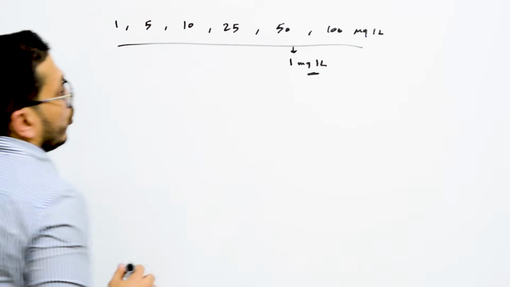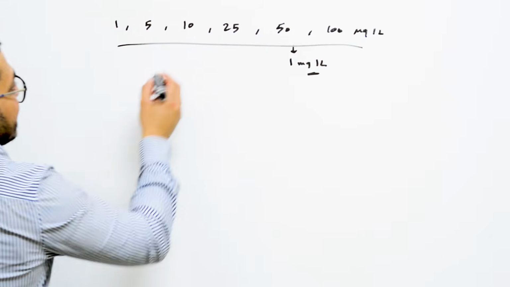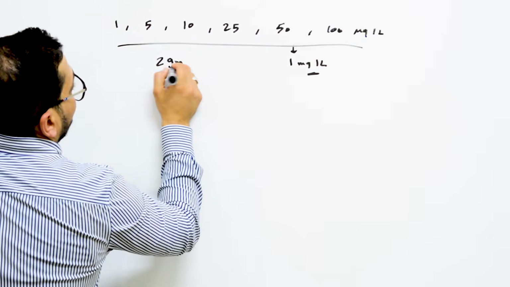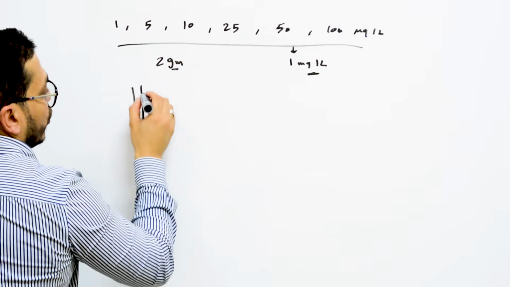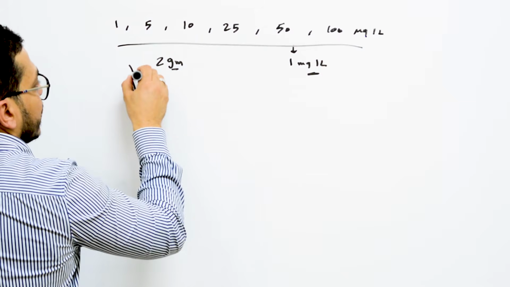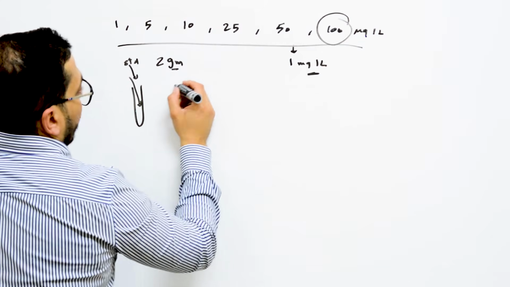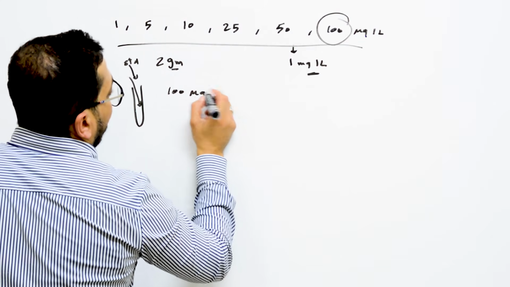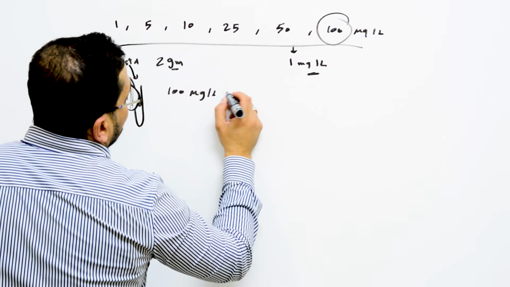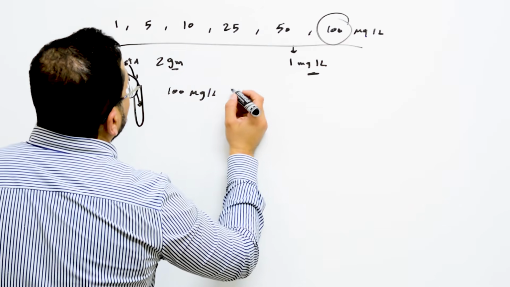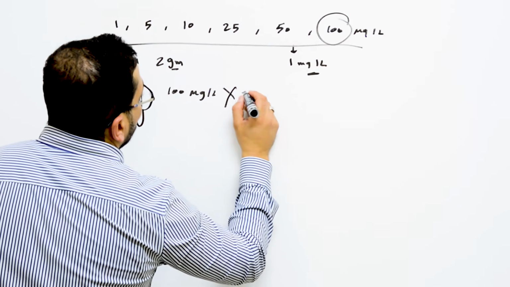So you will take the weight of your sample, as an example 2 gram, and then you will add your standard. First 100 microgram per kilogram, 100 ppb, multiplied by 2 gram sample.